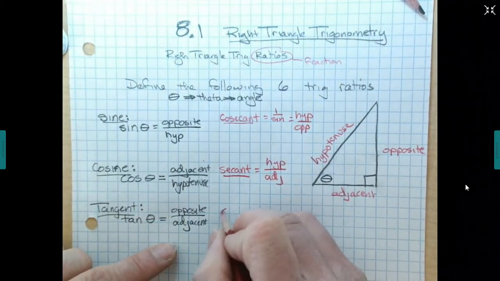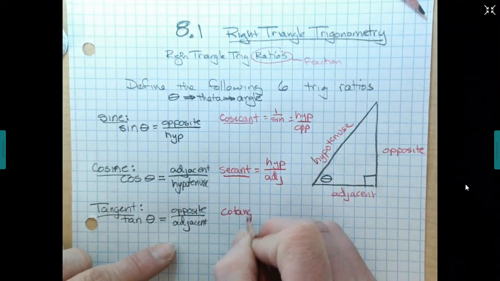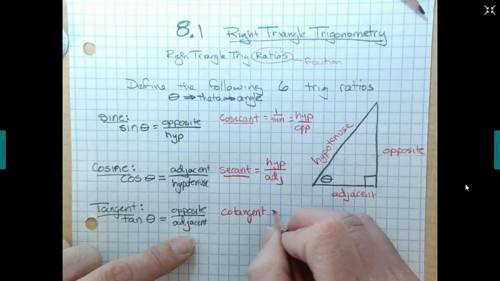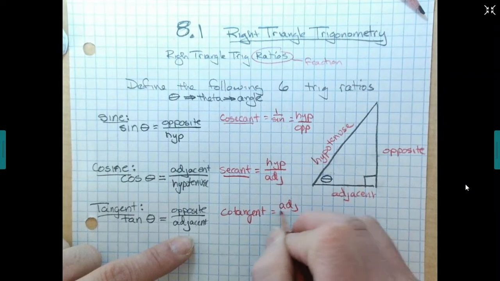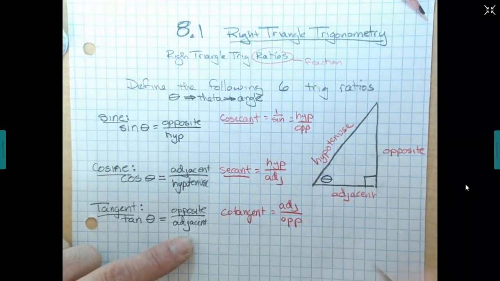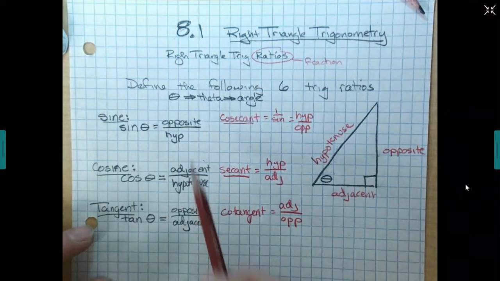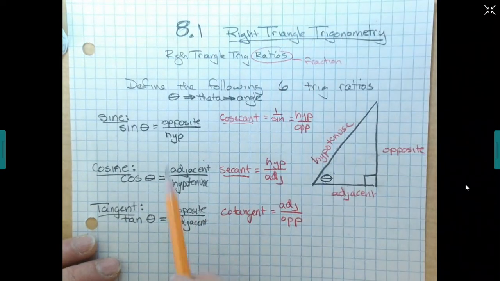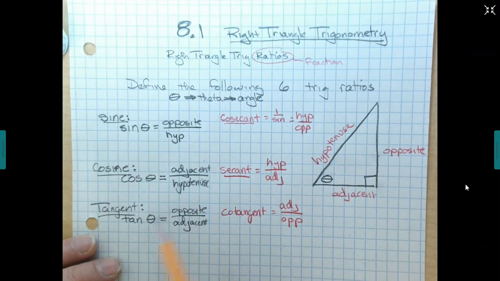And then we have cotangent, which is adjacent over opposite. So there are your six trig ratios. Sine is opposite over hypotenuse. Cosine is adjacent over hypotenuse.